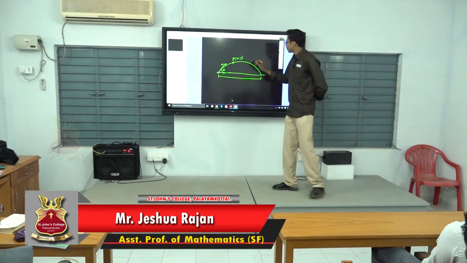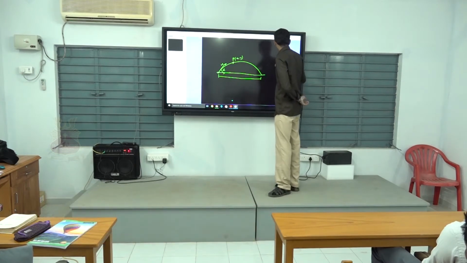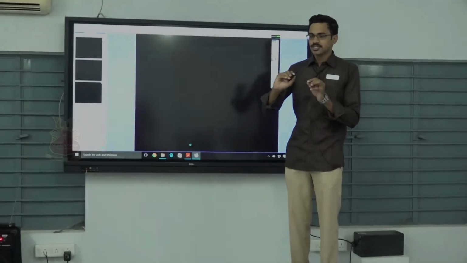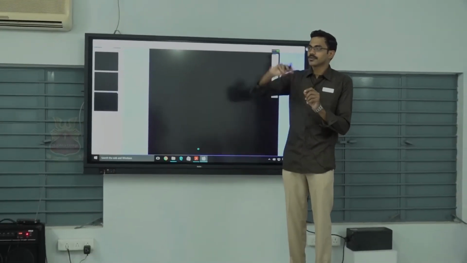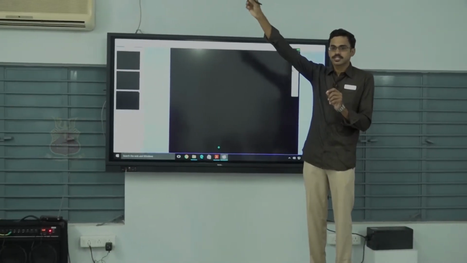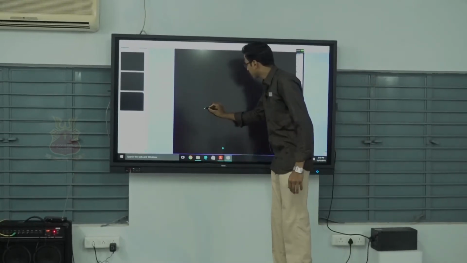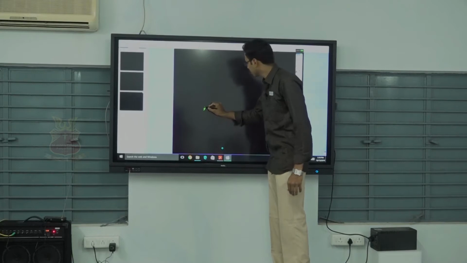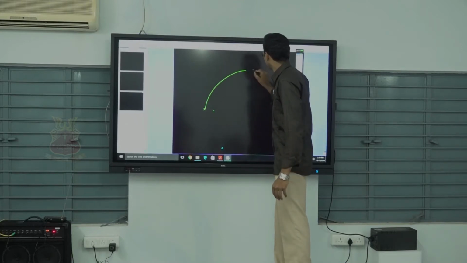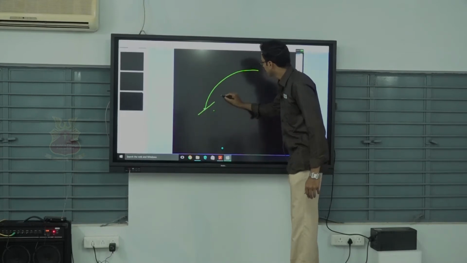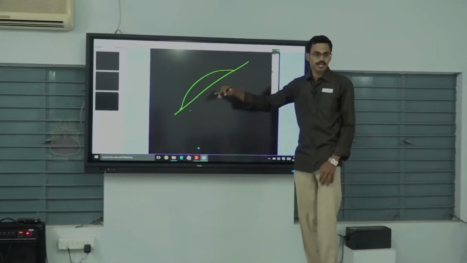So if a particle is projected from a point to another point which is up from that range, and it is projected and reaches this place, then we consider this as an inclined plane.